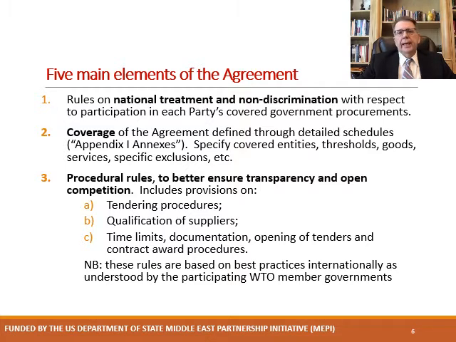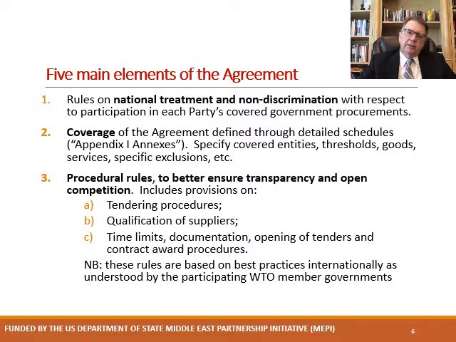So the first main element that I will mention is the rules on what we call national treatment and non-discrimination with respect to participation in each party's covered government procurements. These rules certainly are a cornerstone of the agreement.